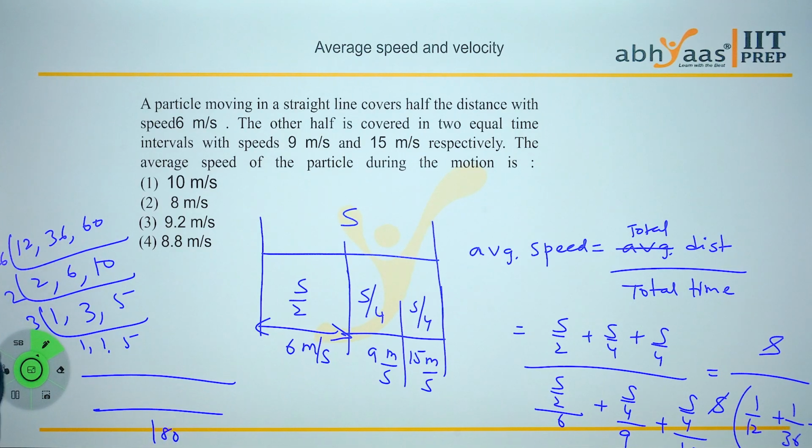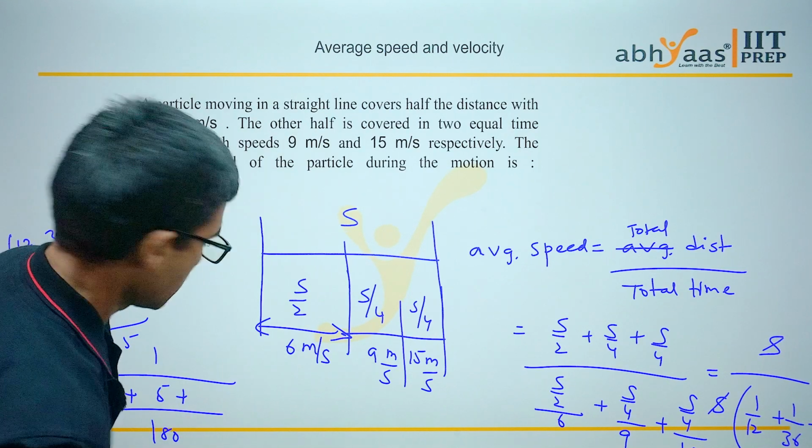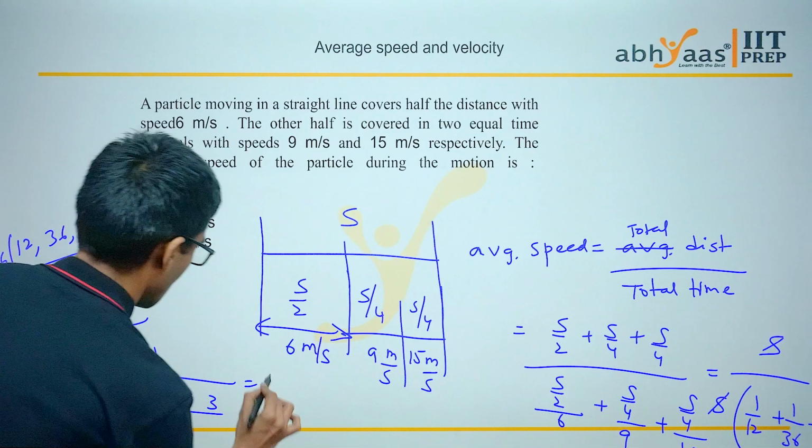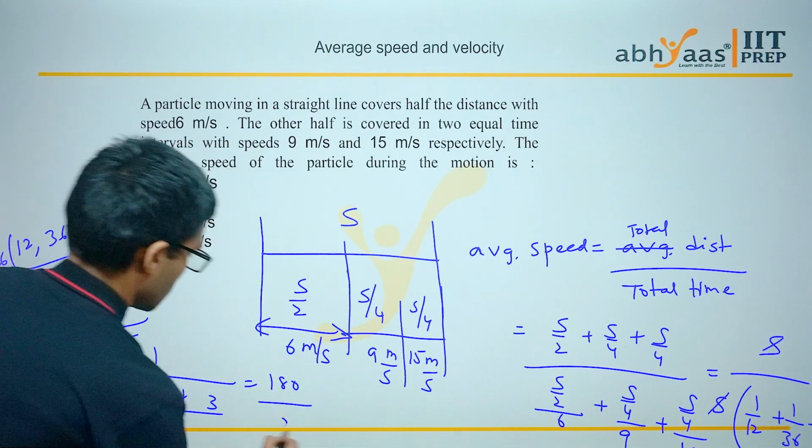So 12 15s, plus next 36 into 5, next plus 60 into 3. What you get? 180 by 15 plus 8, that is 23.